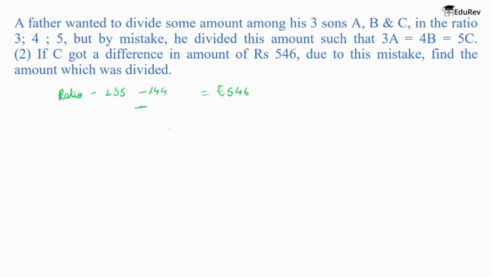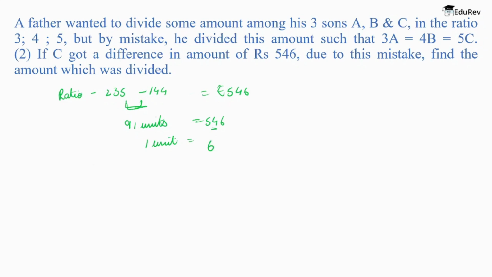So the difference here is 91 units, which is equal to 546. So 1 unit is equal to 546 divided by 91, which is equal to 6.